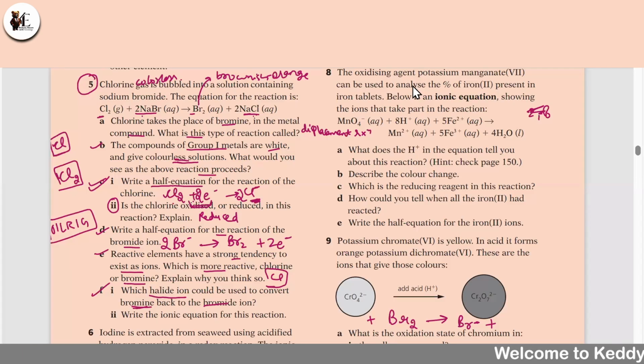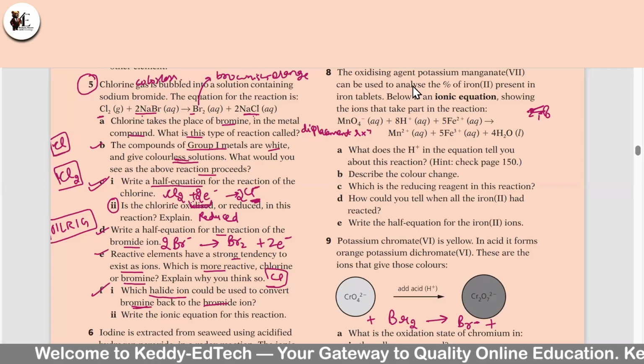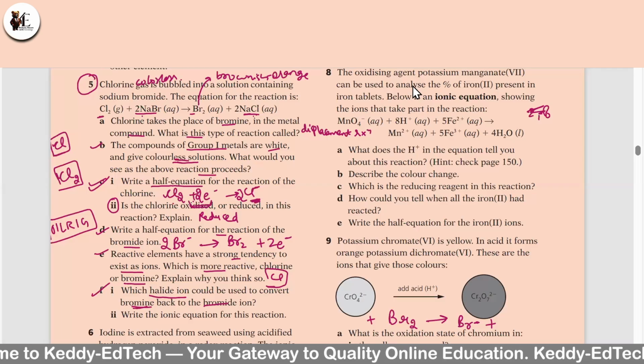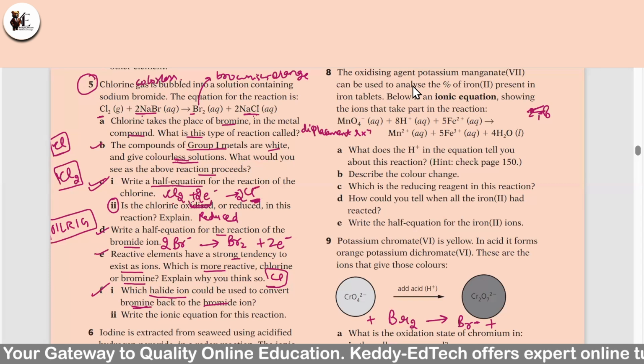So now answer this question. Which halide ion could be used to convert bromine back to the bromide ion, and write the ionic equation for this reaction. Think about it.